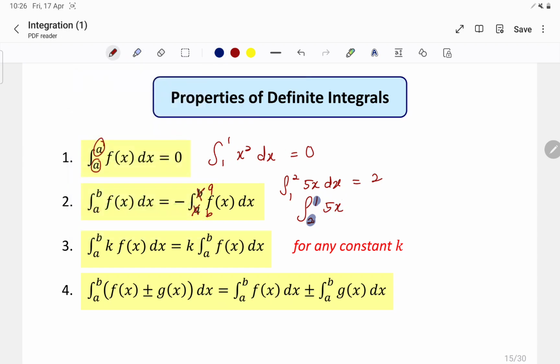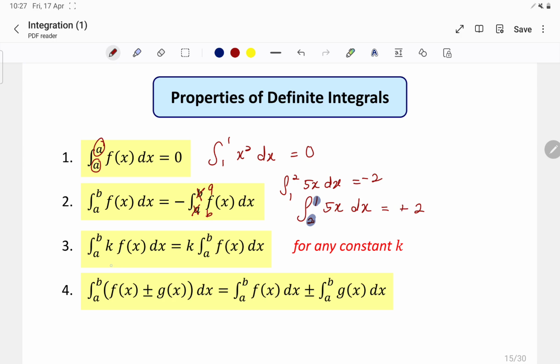So what I have to do is, this position is changed, then you just put negative 2. No need to calculate, straight away put negative 2 when the upper and lower limits swap. Let's say you got negative 2, by right here you will get positive 2.